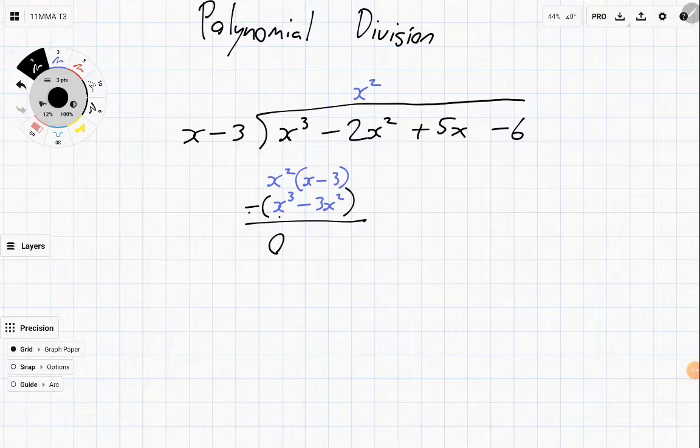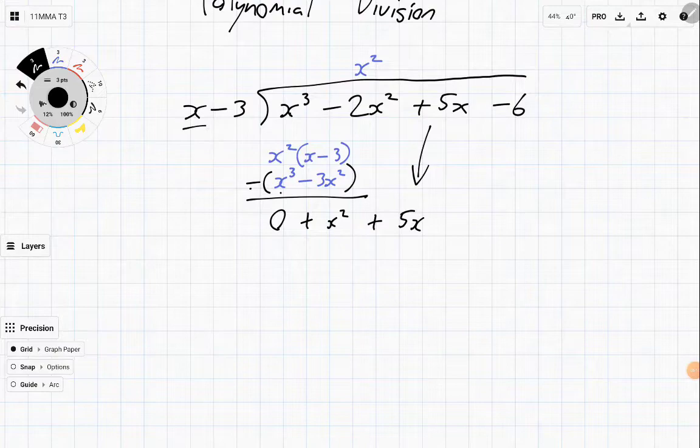Minus 2x squared minus minus 3x squared, well, it's minus 2x squared plus 3x squared, which is 1x squared. Now, we're also going to bring down the plus 5x from above. That's just going to come down.